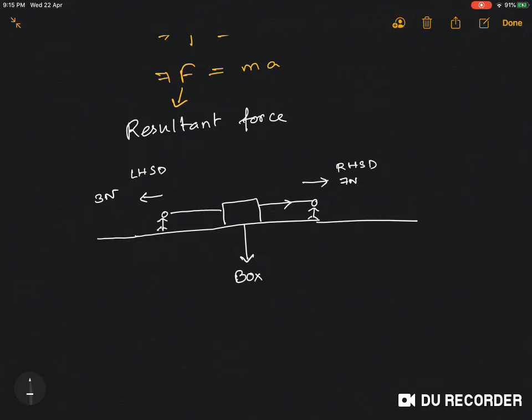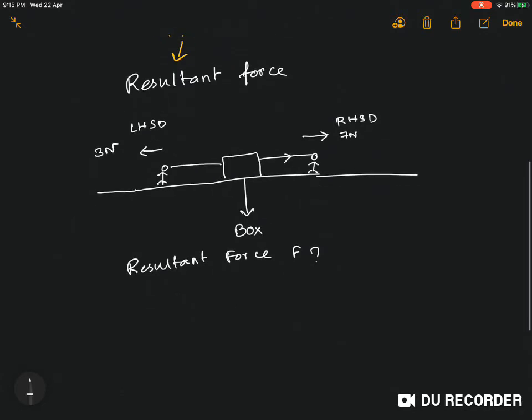So what is the resultant force F here? Well, as you can see, the right hand side has a greater force compared to the left hand side.